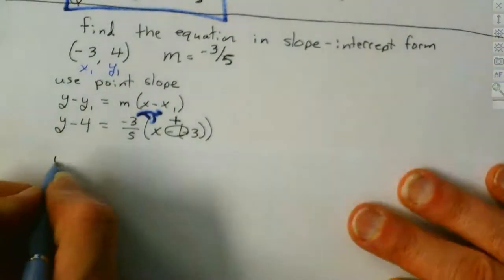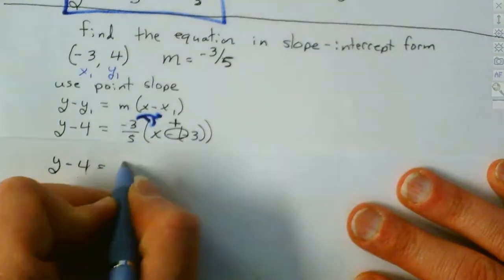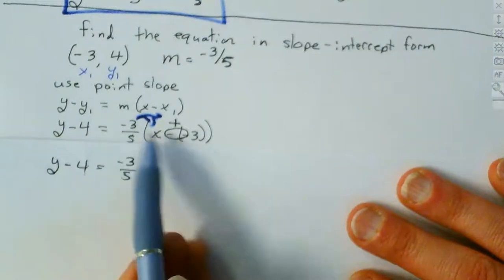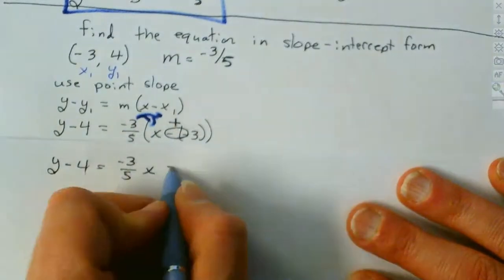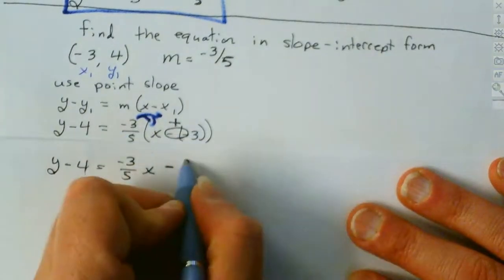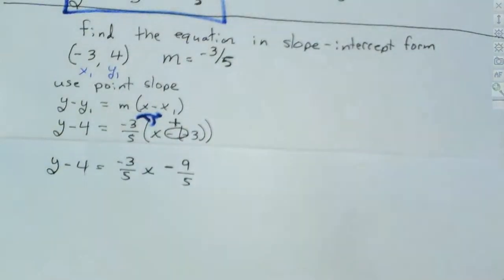So that becomes now y minus 4. That stays the same. We've got a minus 3/5 x. Now, negative and negative makes it positive. Times another negative makes it a negative. And 3 times 3 makes it a 9 over 5. Now, I need to solve this for y, and I still need to add that 4 over.